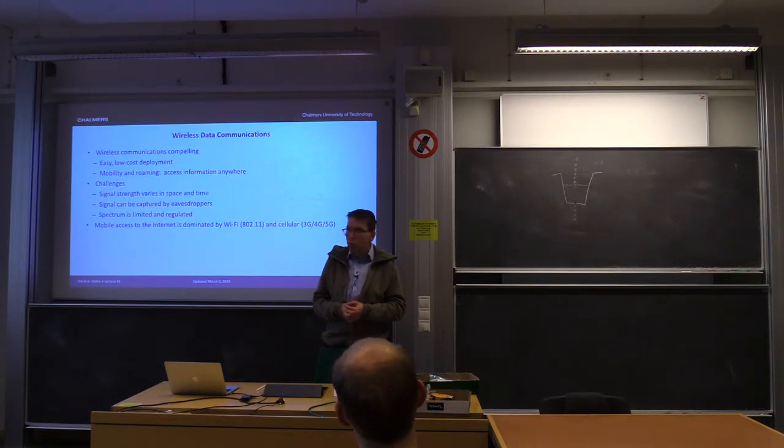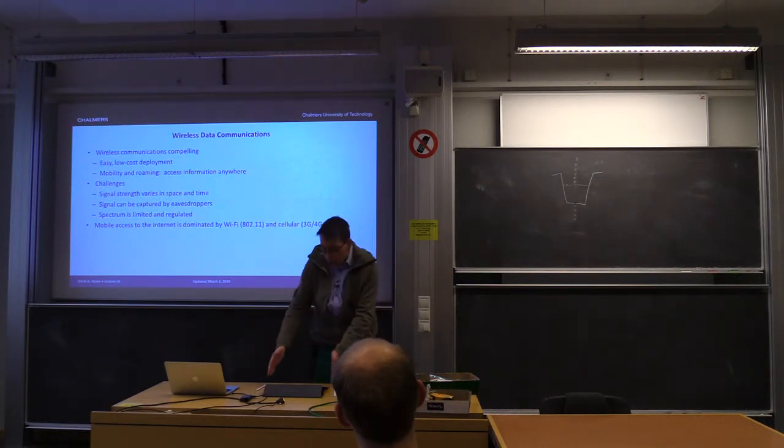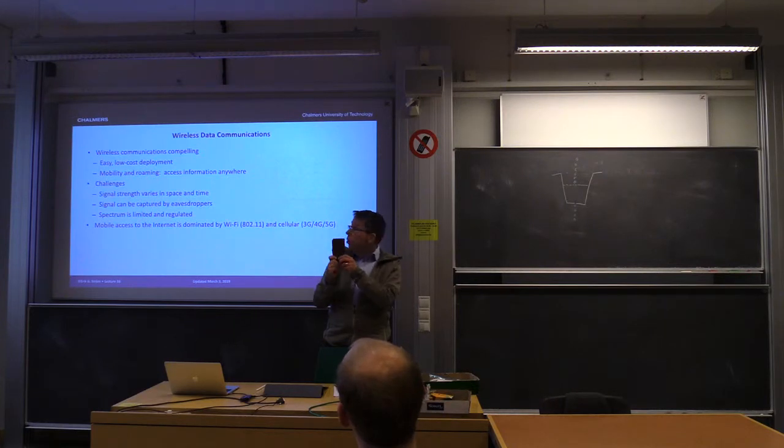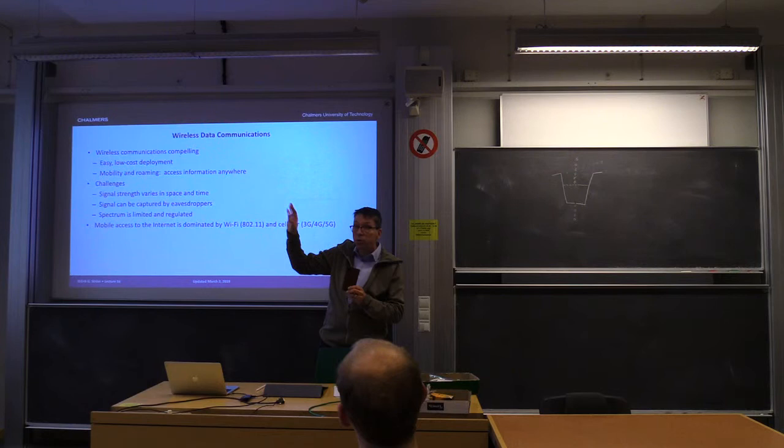And this also applies when there are complicated propagation environments, for instance, like where we are right now. I don't know where the access point is, but suppose I would like to communicate with the access point here, or with the base station, which I happen to know is on the roof of the mechanical engineering building over there.